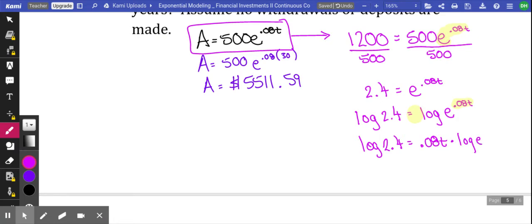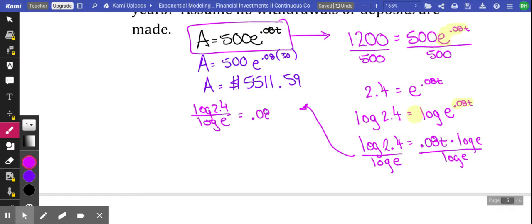All right, now as we're solving for t, we want to get rid of the log of e. We want to get rid of the 0.08. So one thing at a time, I'm going to divide both sides by the log of e. Let's go: the log of 2.4 divided by the log of e equals 0.08t.